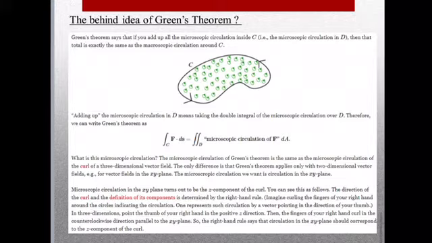In three dimensions, point the thumb of your right hand in the positive z direction. Then, the fingers of your right hand curl in the counterclockwise direction parallel to the xy plane. So, we can know that the right-hand rule says that the circulation inside the xy plane corresponds to the z component of the curl.